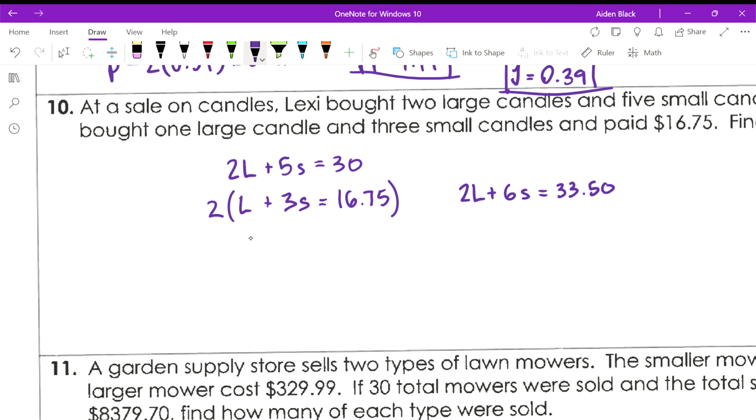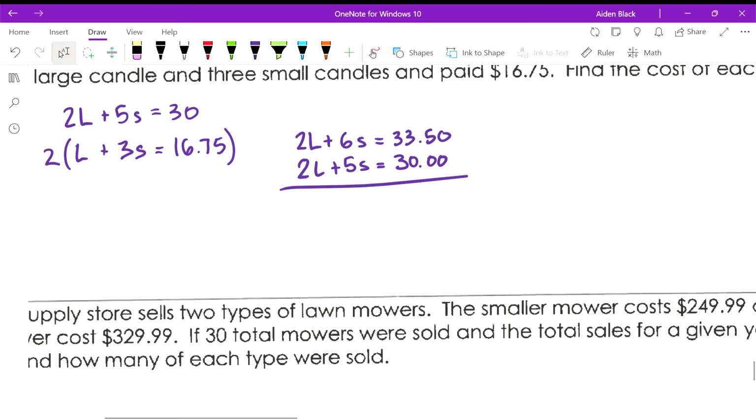So I will then subtract this from this equation. So I'll just rewrite this one right here. 2L plus 5S equals $30. And subtract these, I've eliminated the large candles from the equation, and now I just have 1 small candle costing $3.50.